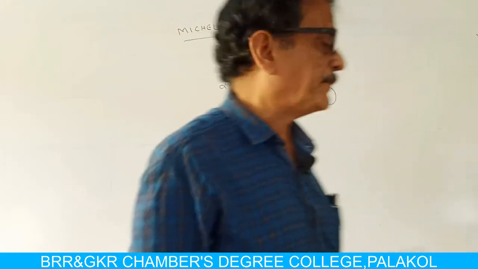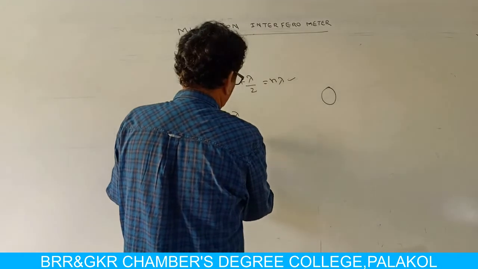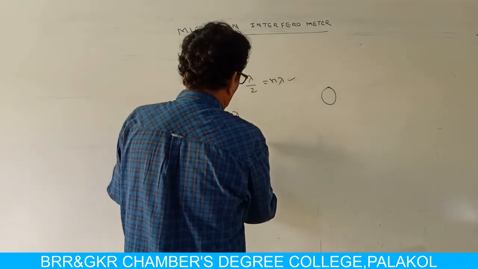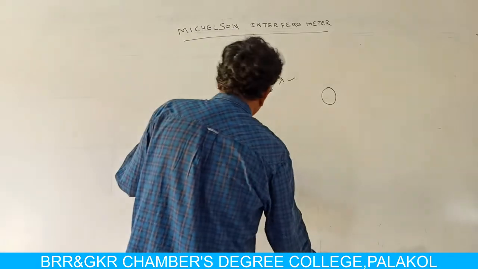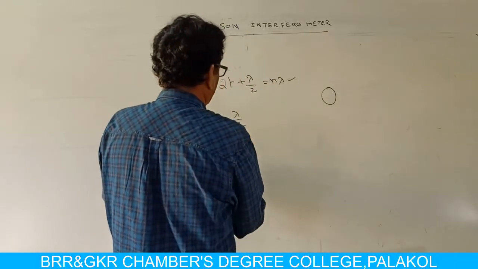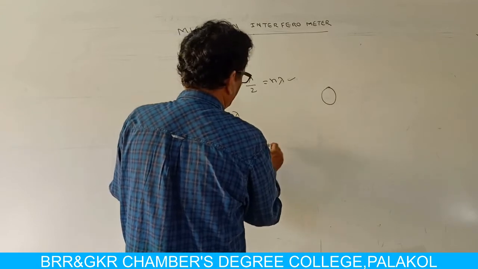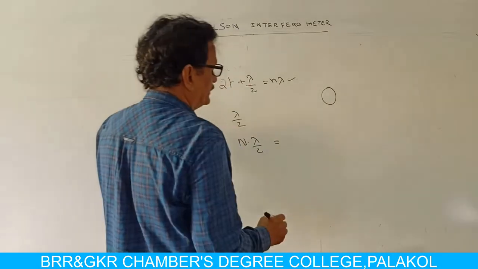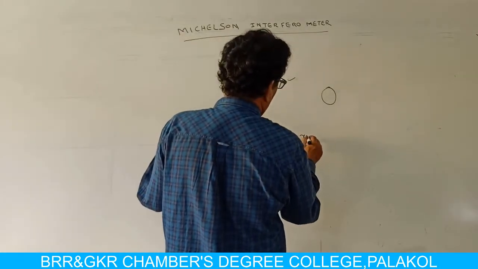If capital N is the number of fringes which are shifted, then the distance travelled by the mirror M1 is equal to N into lambda by 2. This is nothing but x1 minus x2.